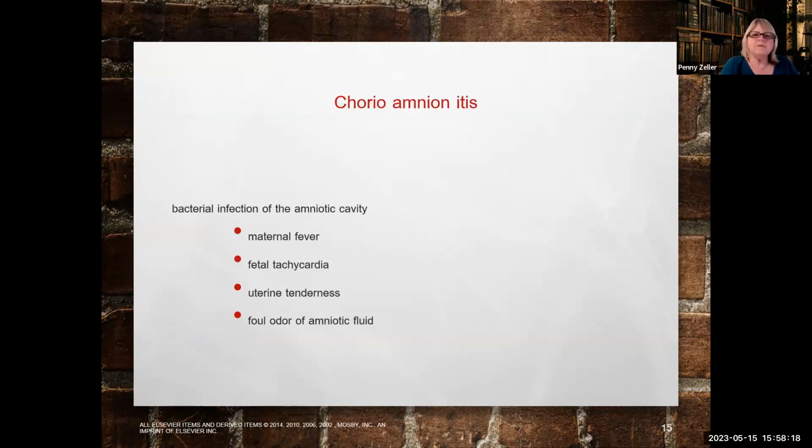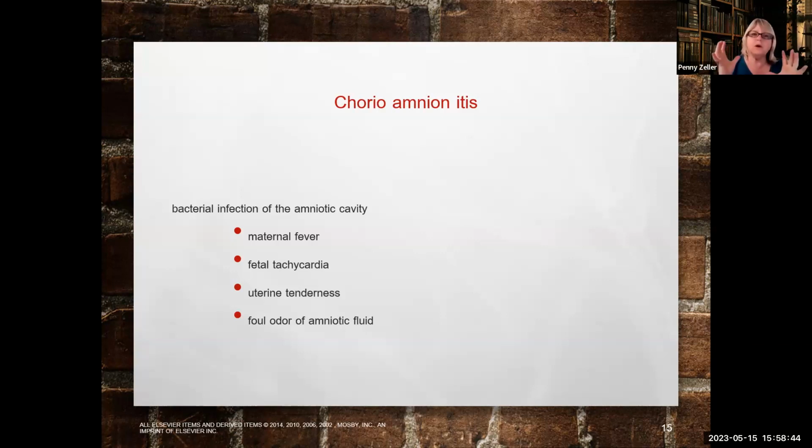And on this slide, I've got the word chorioamnionitis separated out into the different syllables because it helps you remember the word plus what it is. So chorio is the outer membrane of the amniotic sac, and the amnion is the inner membrane. So there's two membranes together, and they contain the baby with the amniotic fluid.